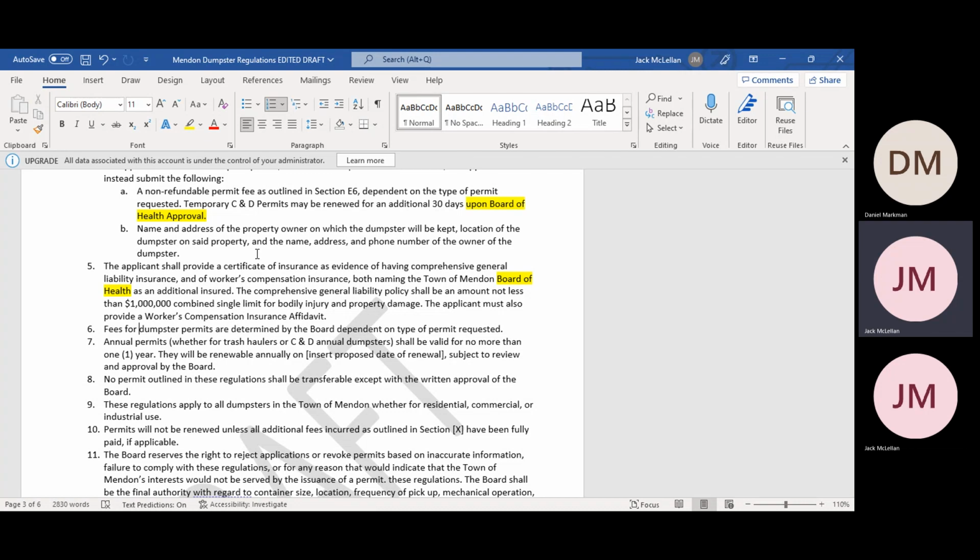I think I'm getting a little more confused as I go along. Yeah, I hear what you're saying, Dan, but I still would like to think that the board has control over how long a C&D dumpster can be hanging about.